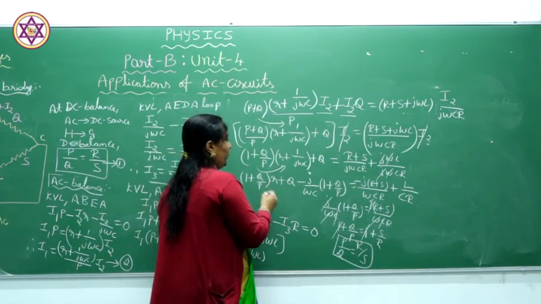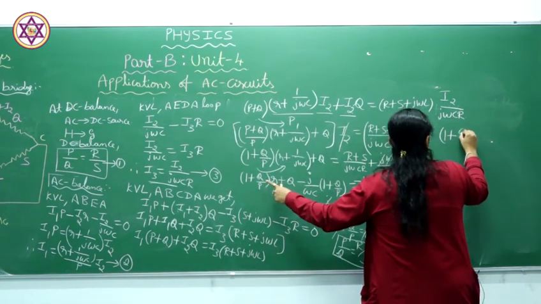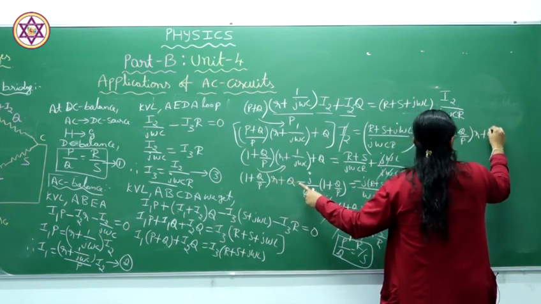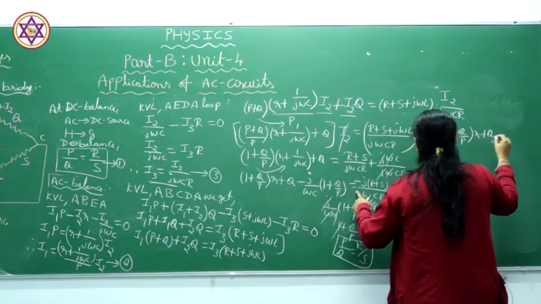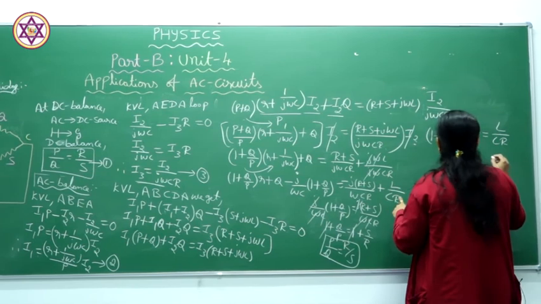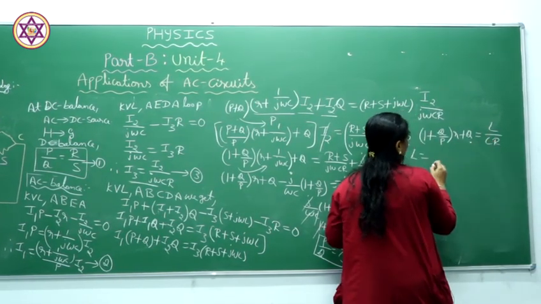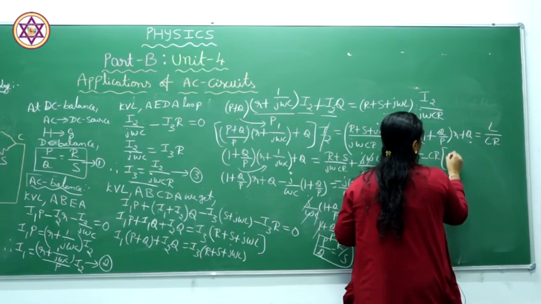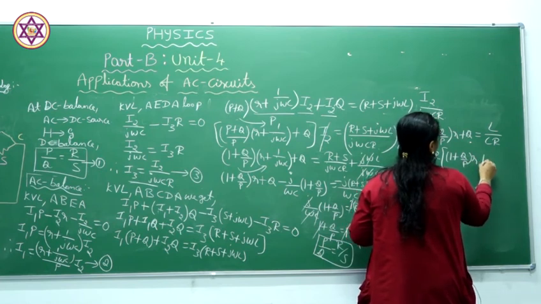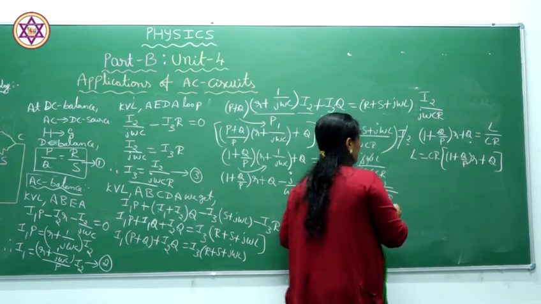Real parts is 1 plus Q by P into R plus Q, which is equal to L by C into R. So L should be equal to CR into 1 plus Q by P into R plus Q. But what is this Q by P?